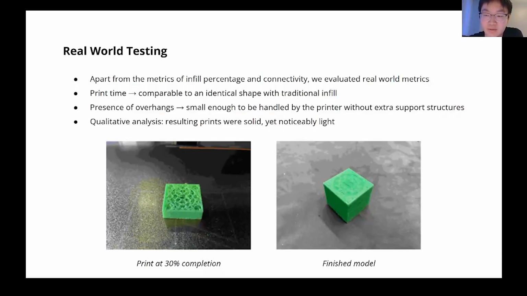The structure was pretty solid and also noticeably lighter than a normal print, which is a pretty good balance between strength and material use. And overall, our 3D cellular automata generated patterns are not just theoretical, and they work very well. Yeah.